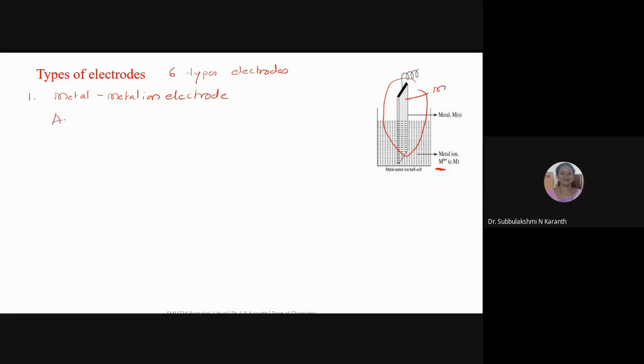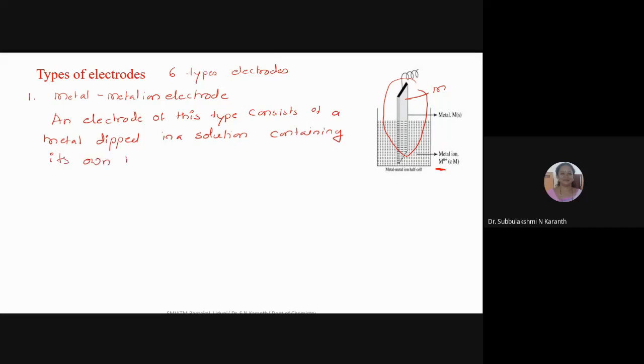That means this type of electrode consists of a metal dipped in a solution containing its own ions.